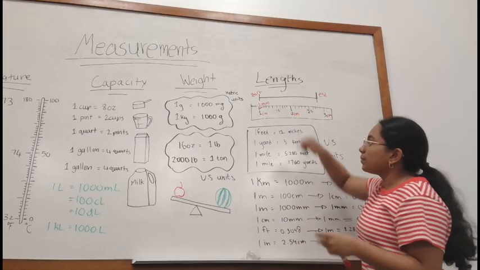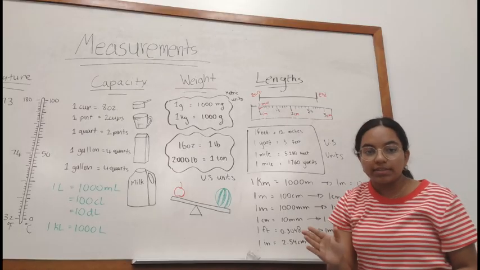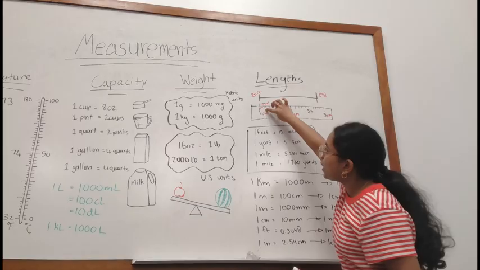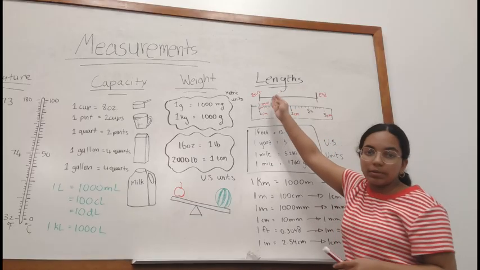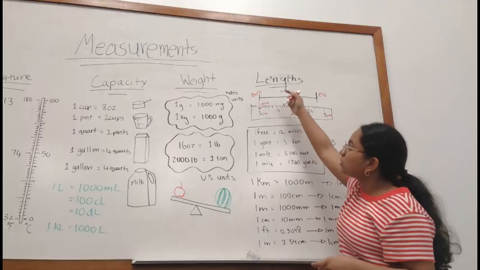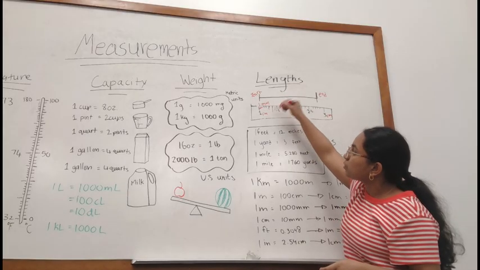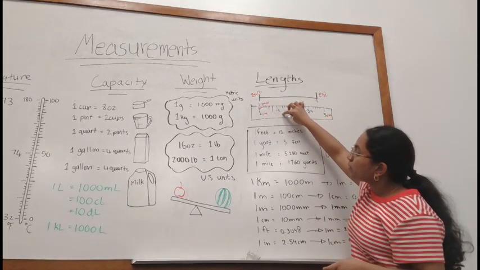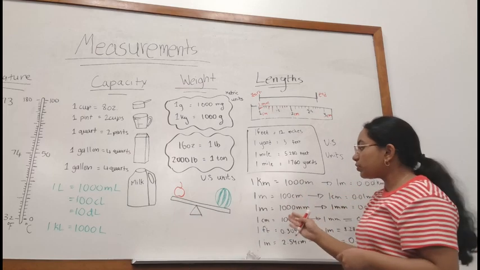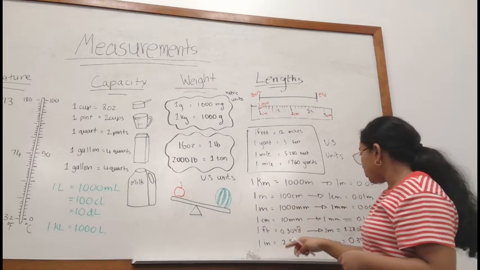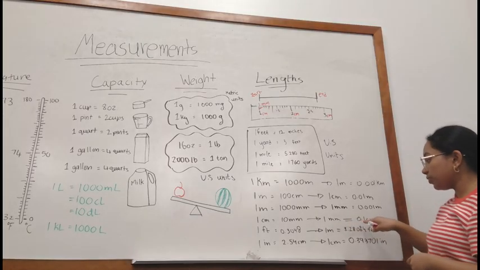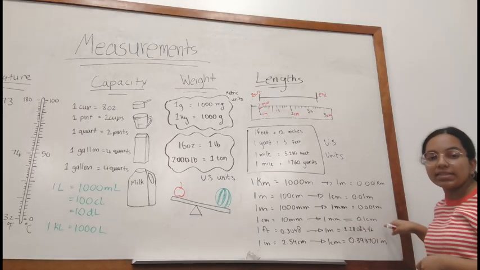In the middle of the centimeters there are small little lines, right? Those are called millimeters. One tiny dash there is called 1 millimeter. And as we go on, that's 2 millimeters, 3 millimeters, 4 millimeters, and 5 millimeters. That would be 1.5 centimeters, because 1 millimeter is equal to 0.1 centimeter.